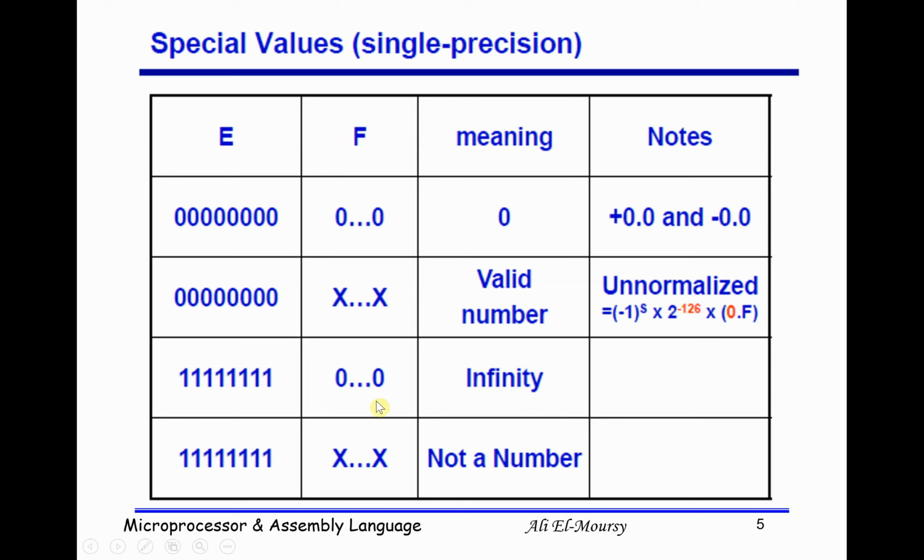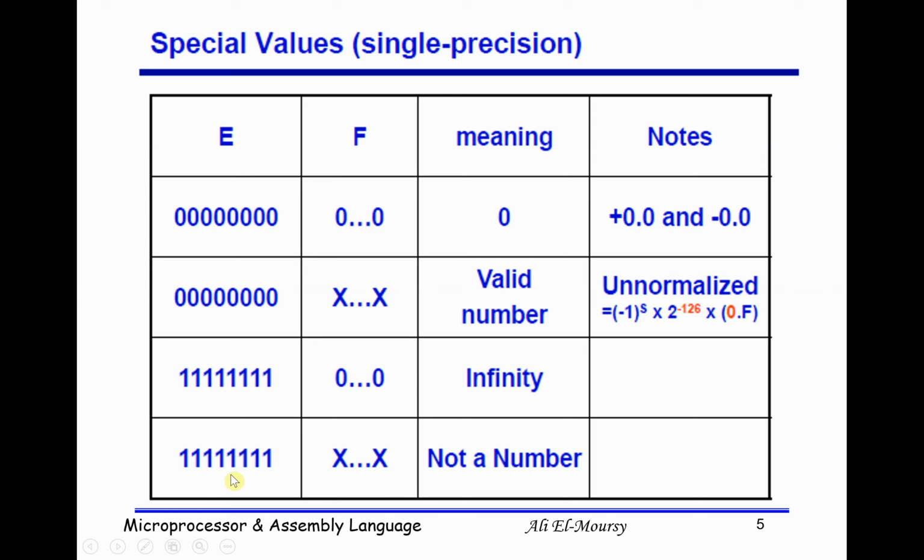Not only that, if you have an exponent equal to all 1s and the fractional mantissa equal to anything else, those are not a number. This is actually the message that you may often get in your programming.